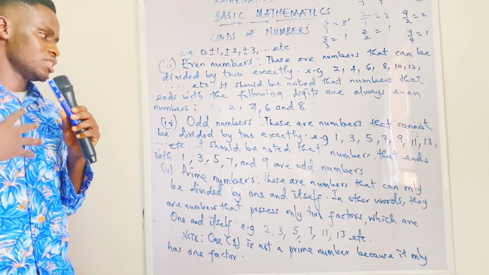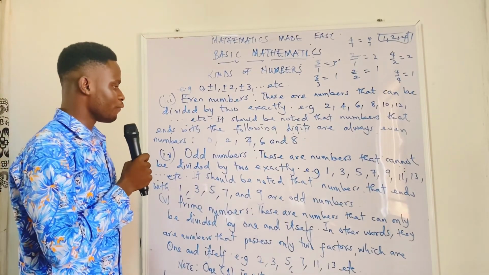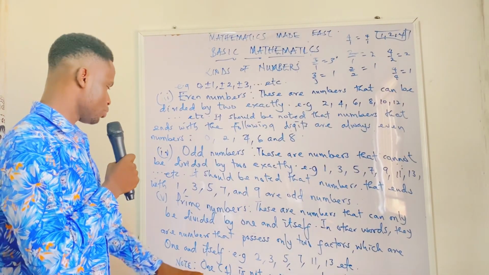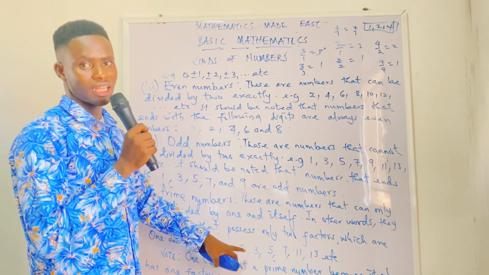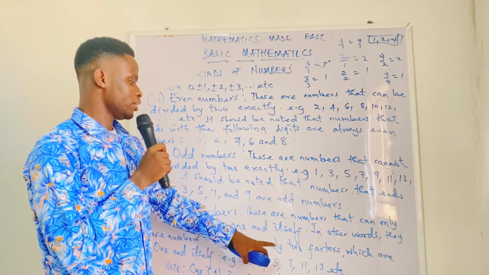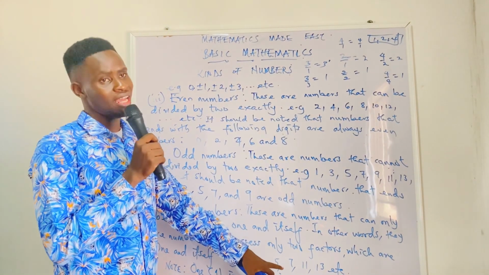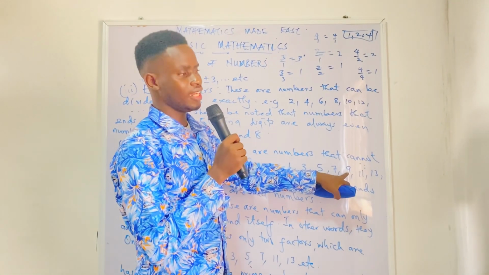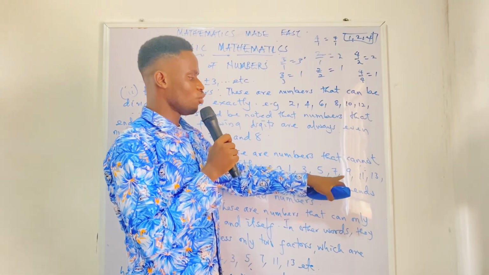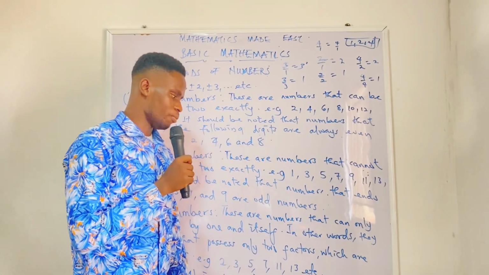So just have that in mind. So don't be confused and put odd numbers into prime numbers. Always check that it's only 1 and that number that can divide itself. Once other numbers can divide, just like 9, now you can see that 3 can divide, you should know it's not a prime number.